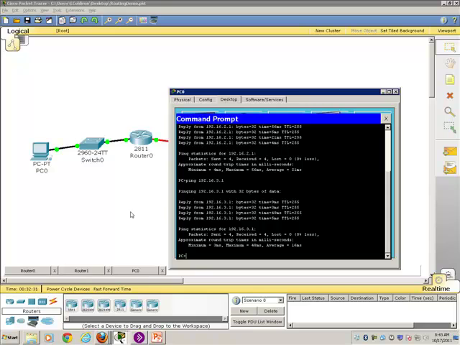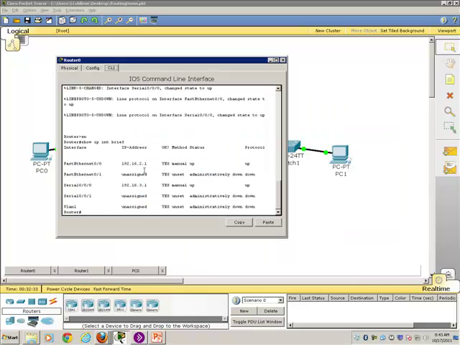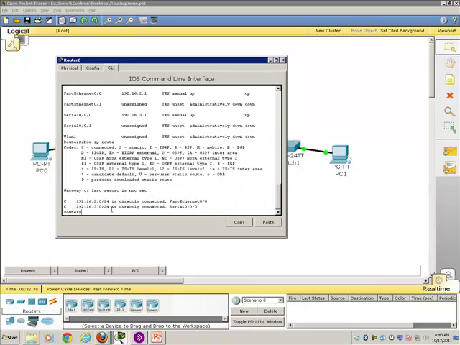Let's go back to this router here and do the show IP route. It says that it knows about 192.16.2.0 and 192.16.3.0. The C over here means that network is directly connected, C for connected.